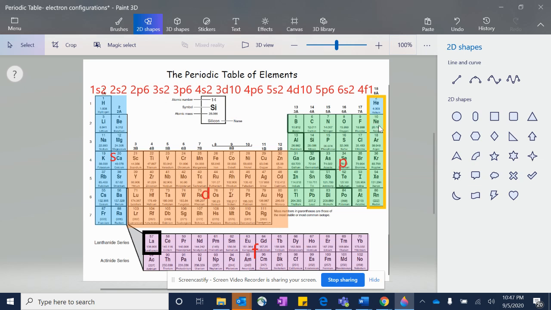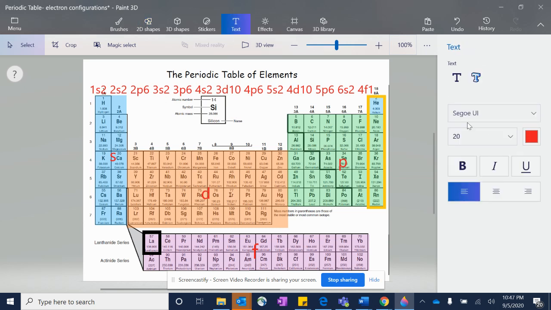Anyways, the reason that we need to look at these noble gases is we can use them as an easy way to summarize information from the beginning of these electron configurations. For example, lanthanum. We wrote out all this stuff.